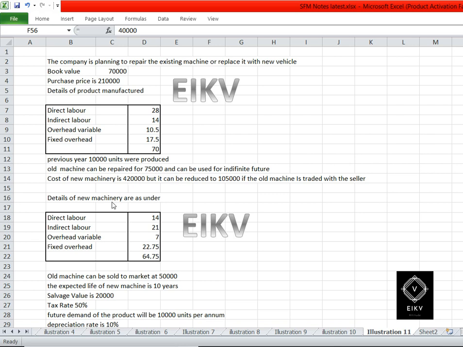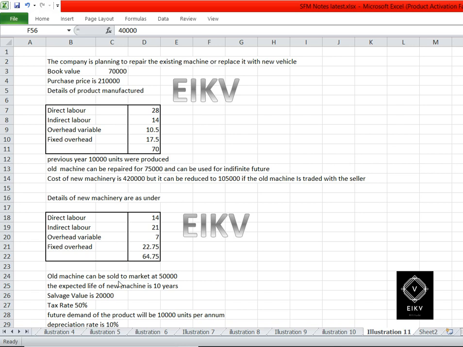The details of the new machinery are as follows. If the manufacturer is using the new machinery, then the cost of the product will be: direct labor 15, indirect labor 21, variable overhead 7, fixed overhead 22.75, and the total cost is 64.75.